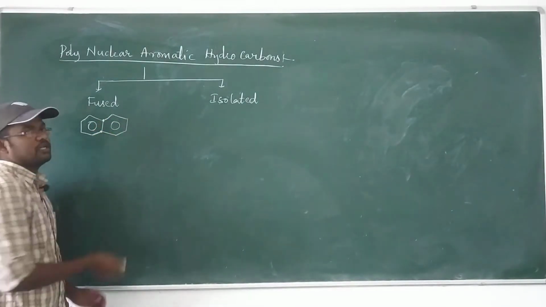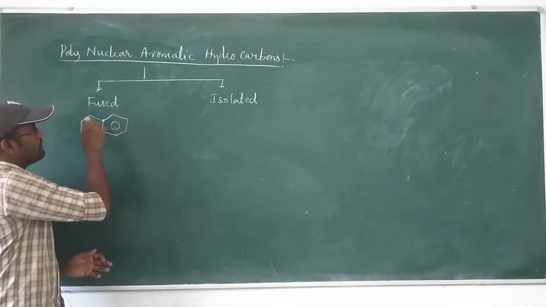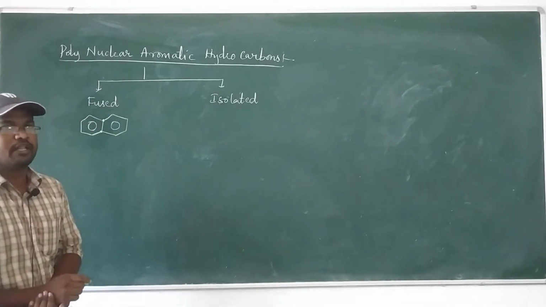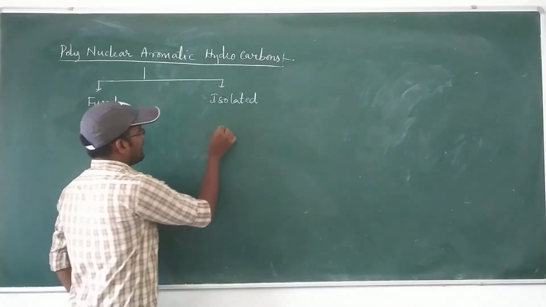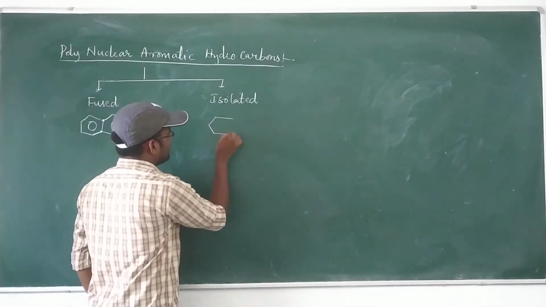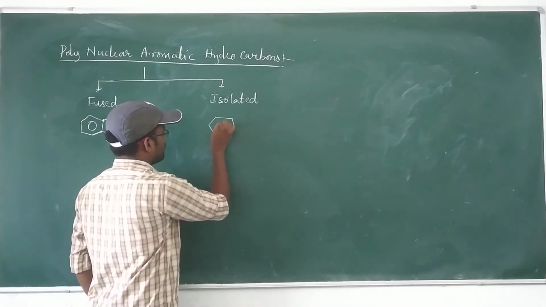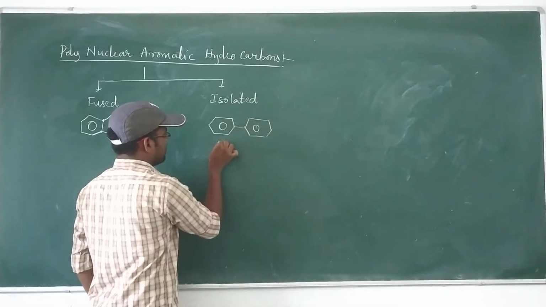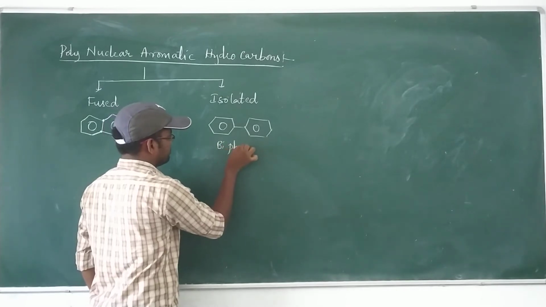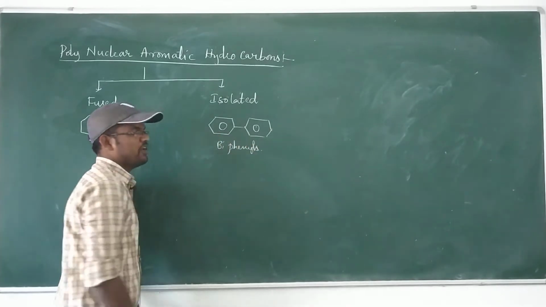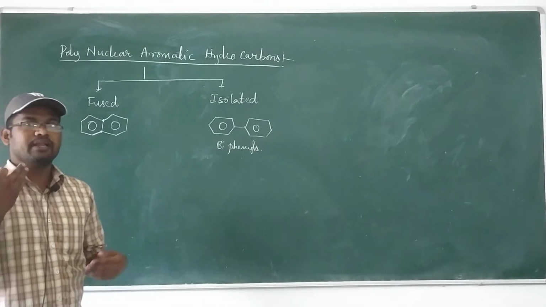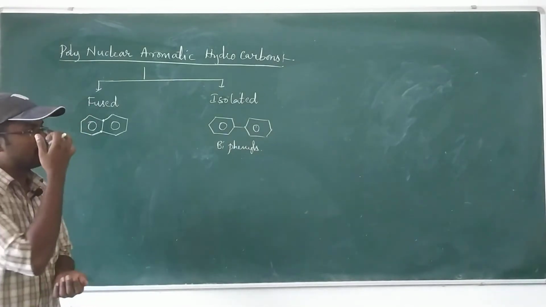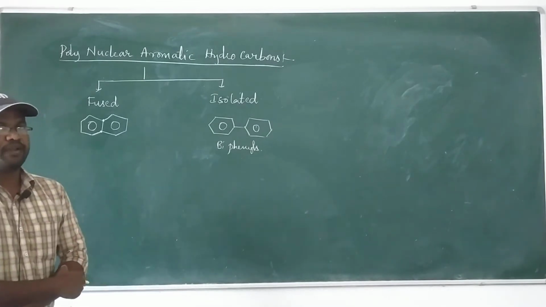This is a fusion. These types of compounds are called fused polynuclear aromatic hydrocarbons. Next, isolated polynuclear aromatic hydrocarbons, also known as biphenyls. In biphenyls, one ring bonds with another ring with the help of a single bond.